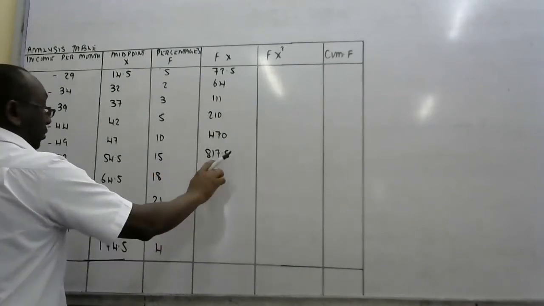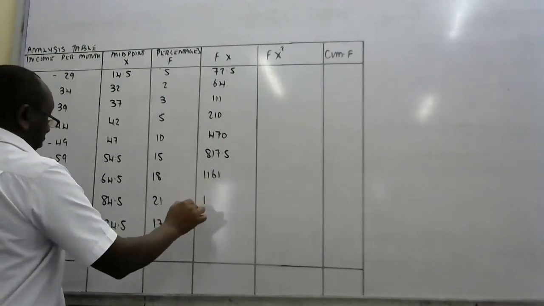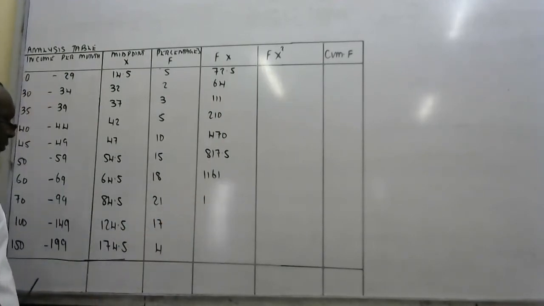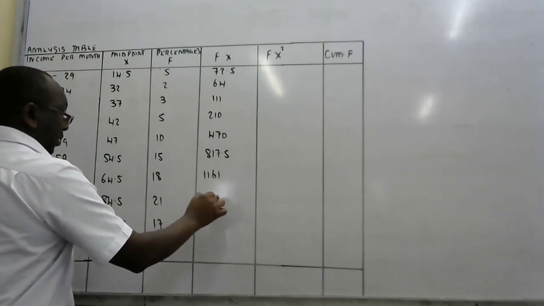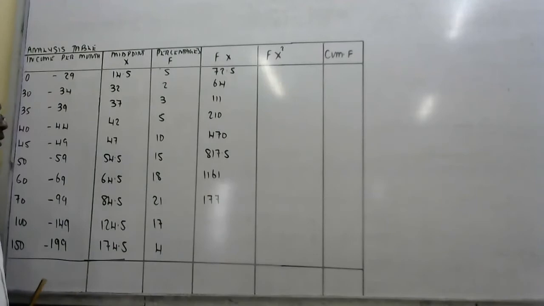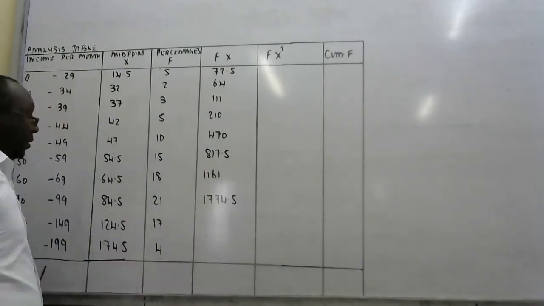Exact. Yes. Because there are 5 there. 105. 17. 1774.5. Iko sawa?